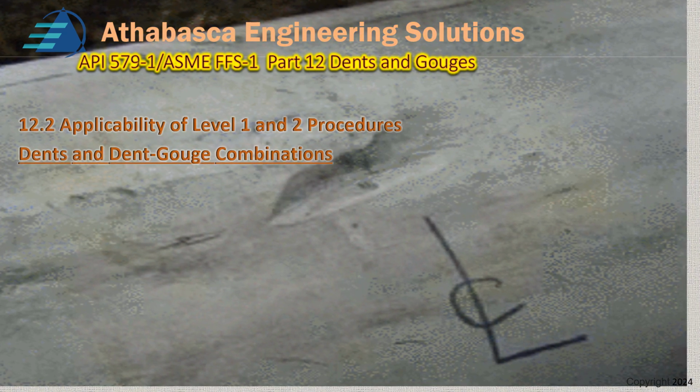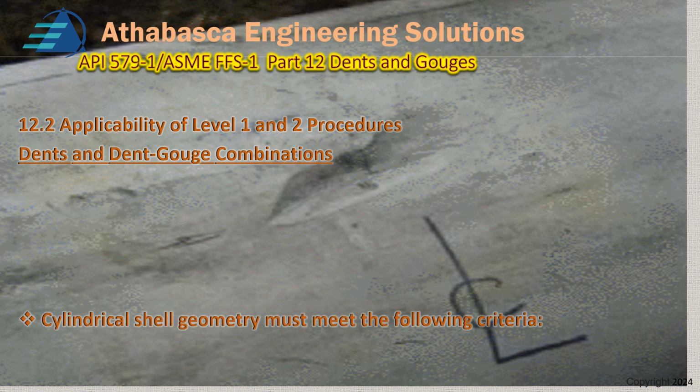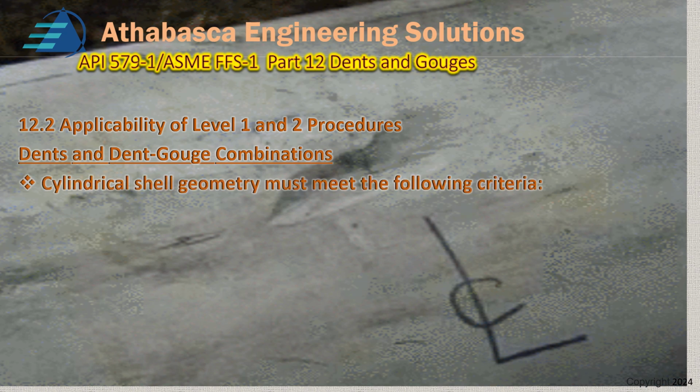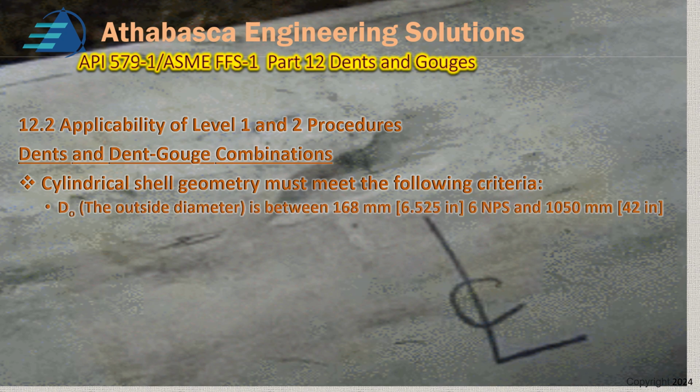Here in 12.2, first of all, there's a rule that says the cylindrical shell geometry must meet the following criteria. First of all, DO, defined as the outside diameter, must be between 6 NPS and 42 inches outside diameter.